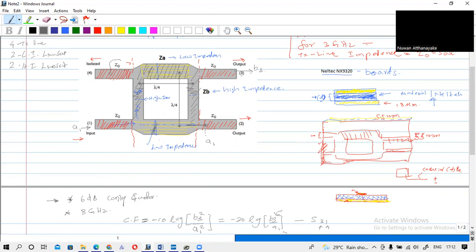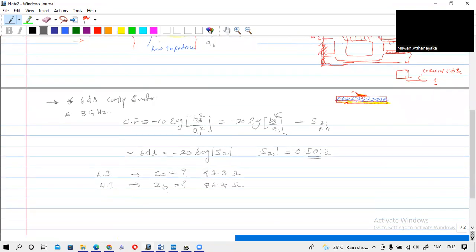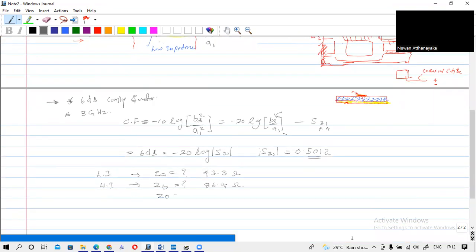It is given as 50 ohm. So Z naught is 50 ohm. This is given and you have to calculate these impedances. This is for the transmission line, the feeder lines.